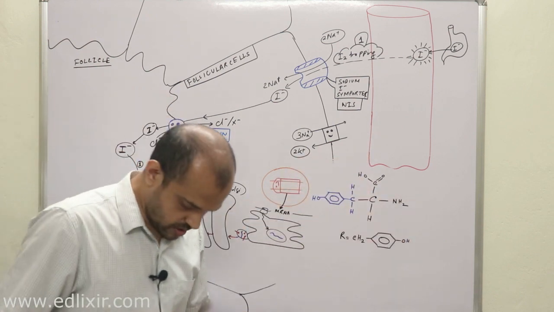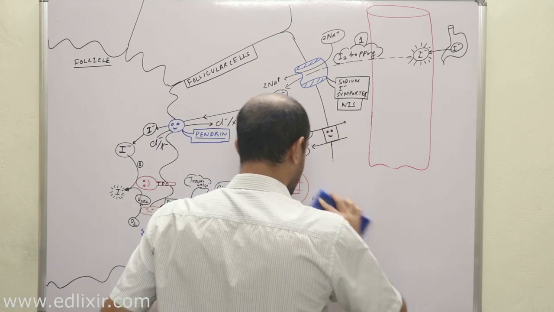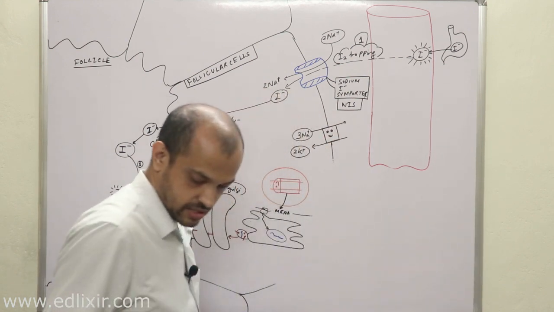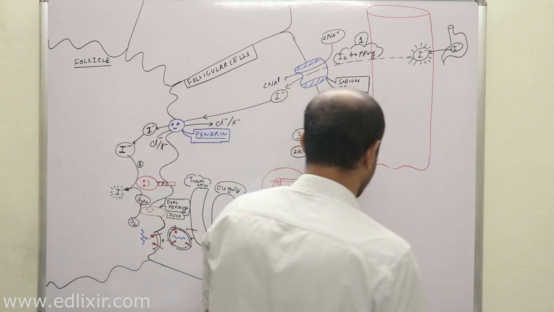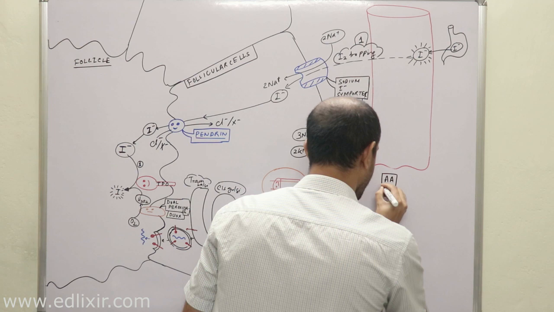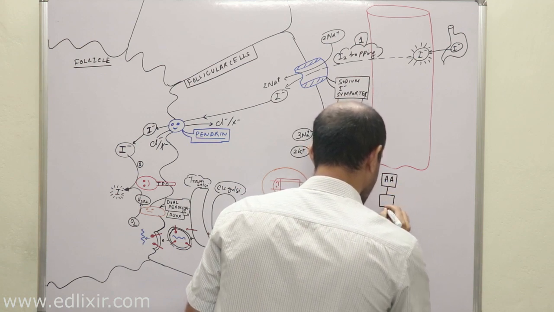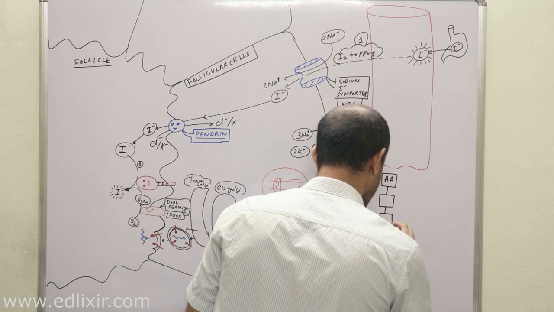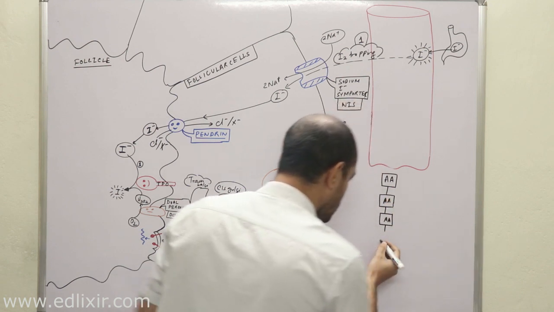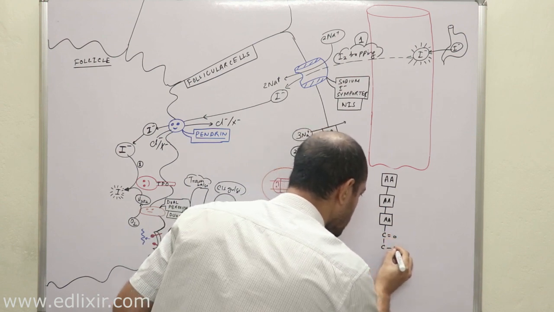A very important point here we need to understand is this. Let us consider a simple structure of thyroglobulin. Suppose this is an amino acid, and this is another amino acid.